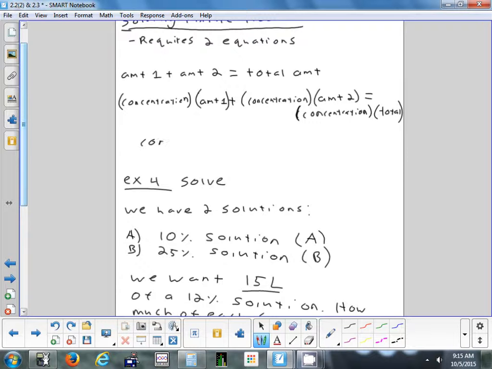And now when we do the concentration, they gave it to us in a percent. We have to change it to a decimal. That's important.